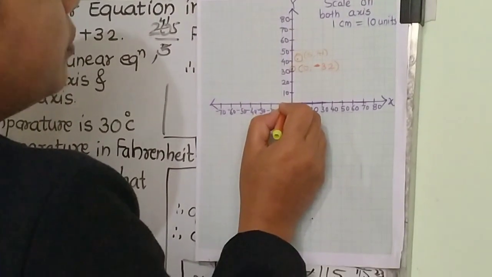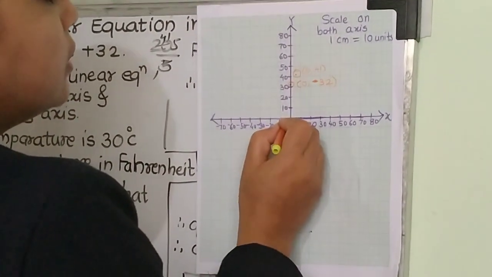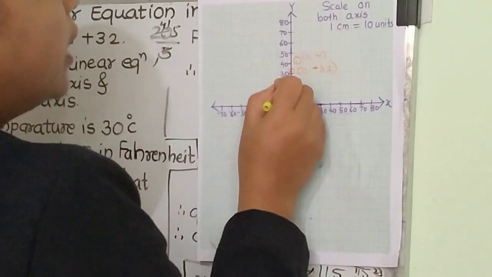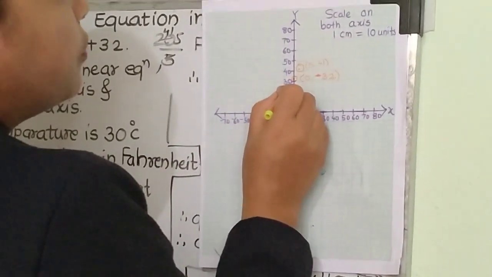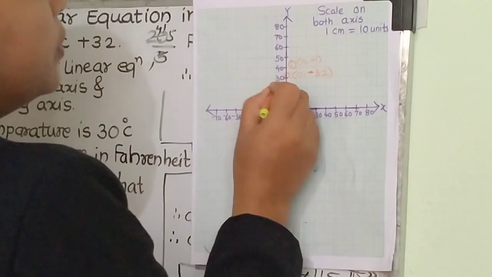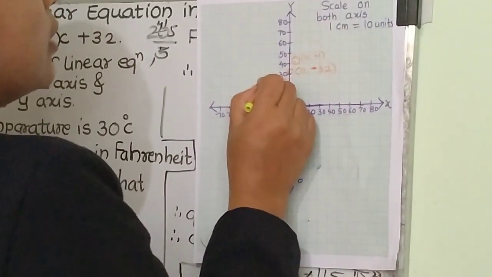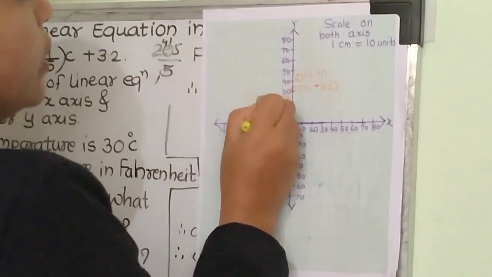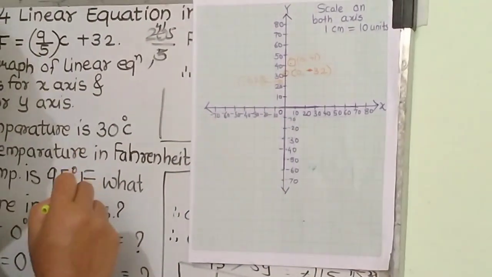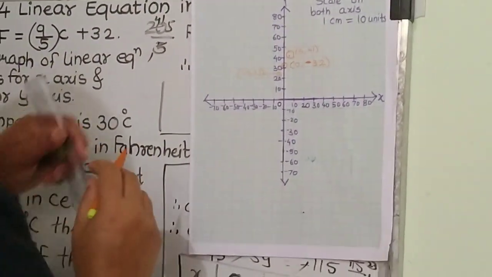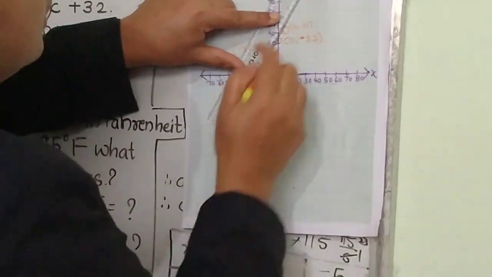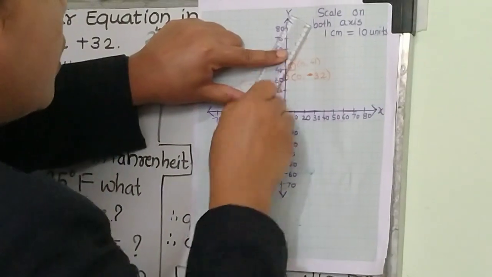So minus 5 means here, before minus 10, 5 lines will be there and this point will lie after 20. So it will come here, that is we can say here minus 5 comma 23. So like this we have to plot the points and we have to draw the line passing through these 3 coordinates.